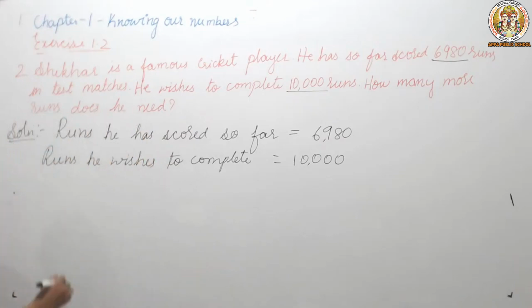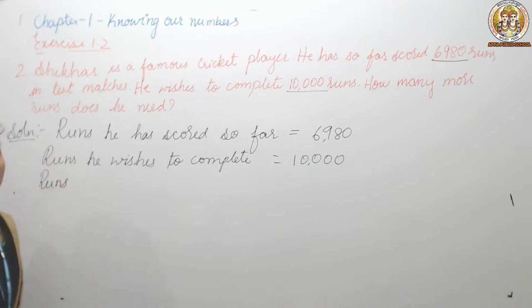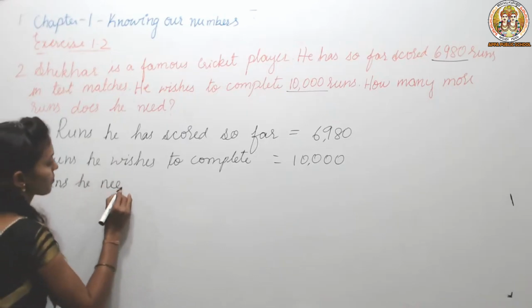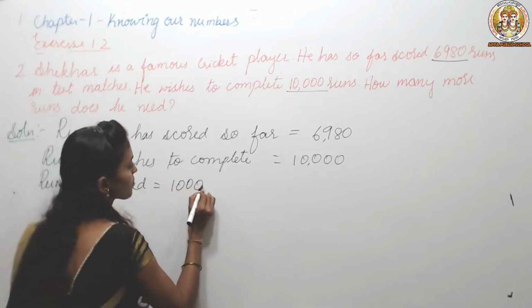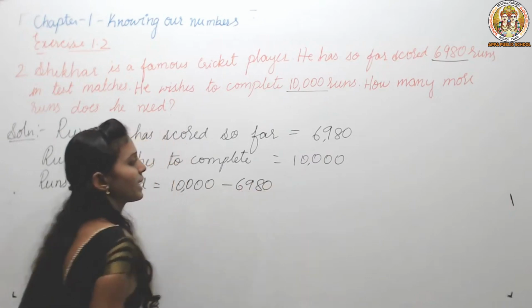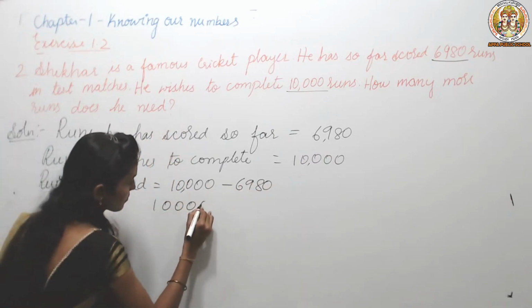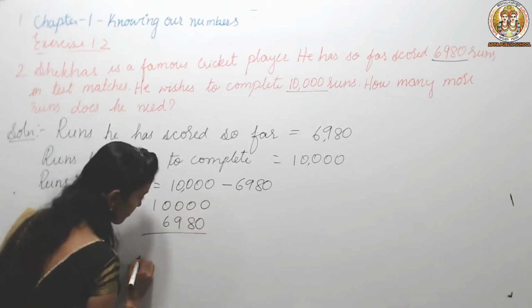So runs he needs, or number of runs, also you can write. You can make your own statements, no problem. Runs he needs is 10,000 minus 6,980. Subtract 10,000 minus 6,980.